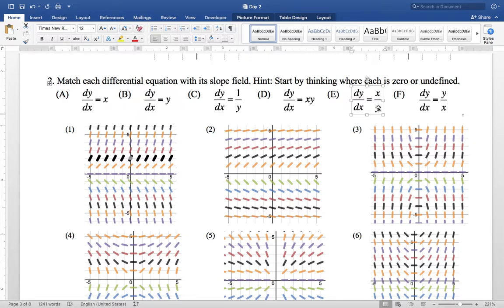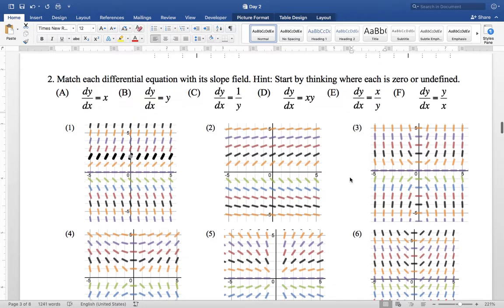As I make y larger, this fraction is going to become smaller in magnitude, closer to 0, which means it's going to get flatter. So the slope field corresponding to this equation has to have the property that as y becomes larger in magnitude, the slopes are going to get flatter, okay?